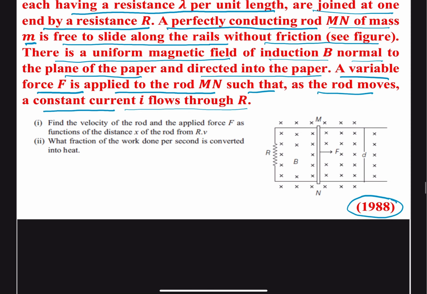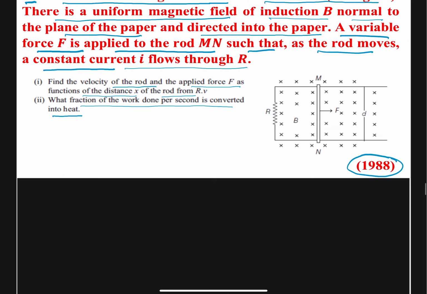So based on this question description, we have two questions. Find the velocity of the rod and the applied force F as a function of distance x of the rod from R multiplied by velocity v. Second part, the fraction of work done per second that is converted into heat.